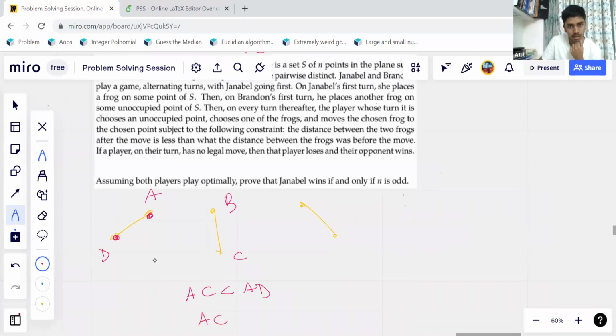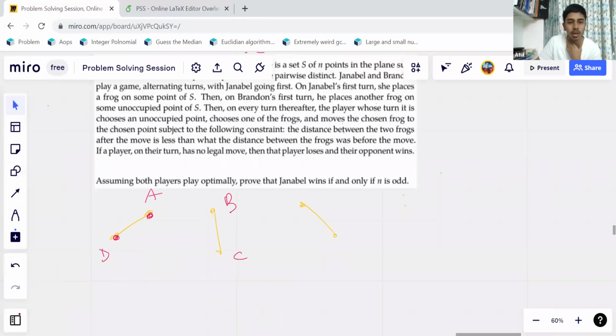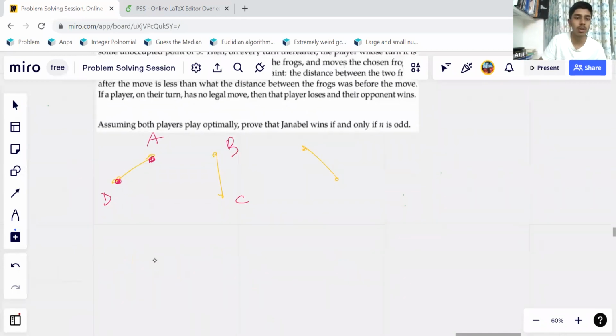But you're claiming I can't move here, so you're also saying that AC is less than BC. But that means nothing. This won't work. You can pick BC, so you have a lot of freedom. I want to create these pairs, but I'm not sure how.